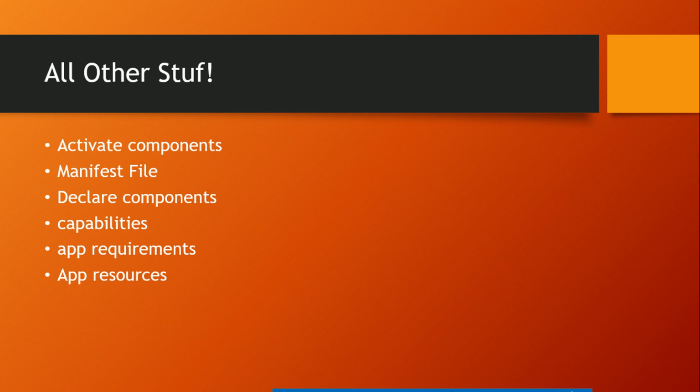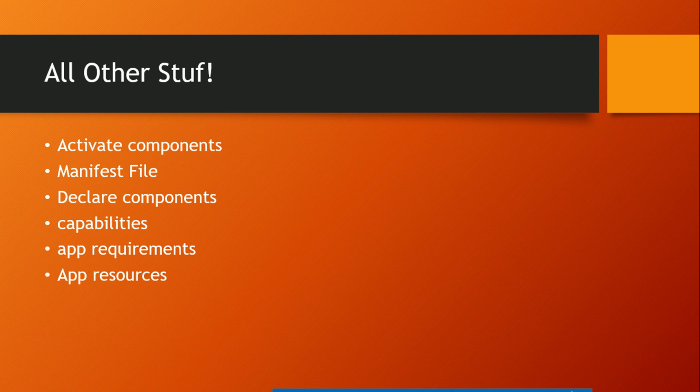This manifest file is most important for our project, because it also has the information about what permissions we are going to use in our application. So if our application is using the internet, then we have to put the permission of internet access in the manifest file.